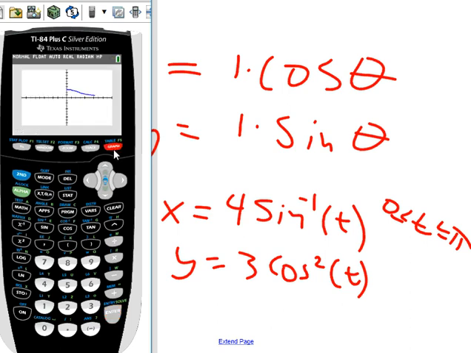Let's see if mine looks the same as yours. Does that look the same? Okay, so go back to your y equals and make sure that you have the same 4 sine inverse with t. All right, then one of us needs to reset our calculator if we're getting something different than me. I have a feeling it might have to do with the parentheses and the nesting of the parentheses. If you just squared the angle, it would be totally different than squaring the whole cosine of t.